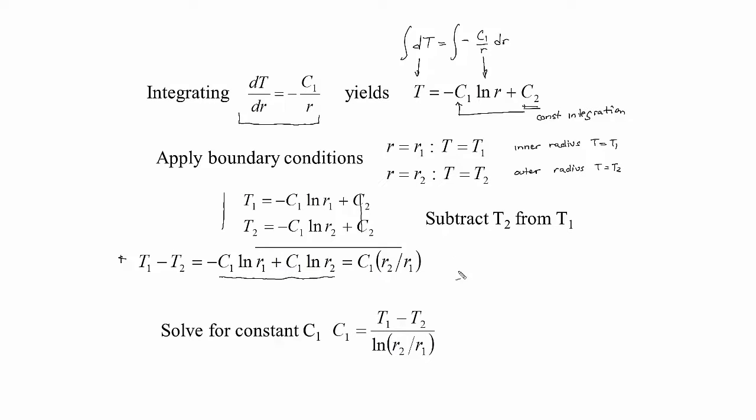We understand, for example, that log A minus log B is equal to log A over B. So we use that relationship for R2 and R1 to identify what C1 is.